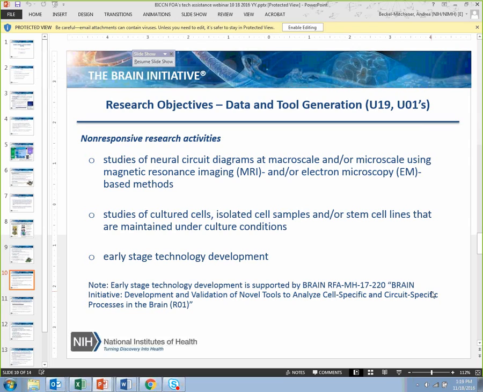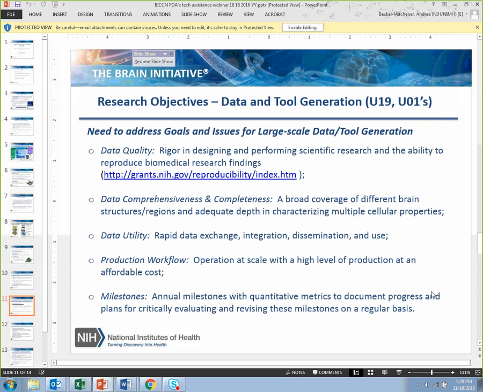And in particular, if people are interested in developing tools and technology specifically, I think this is a relevant RFA to consider. So the research objectives under the data and tool generation U19 and U01, since any efforts to generate an important and unique public resource, following issues related to the large-scale data and tool generation are really important to the success of the program.